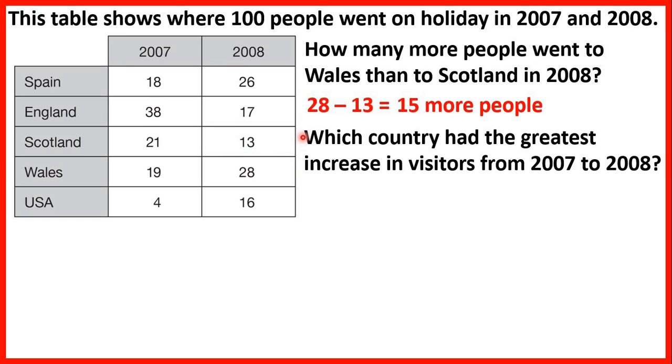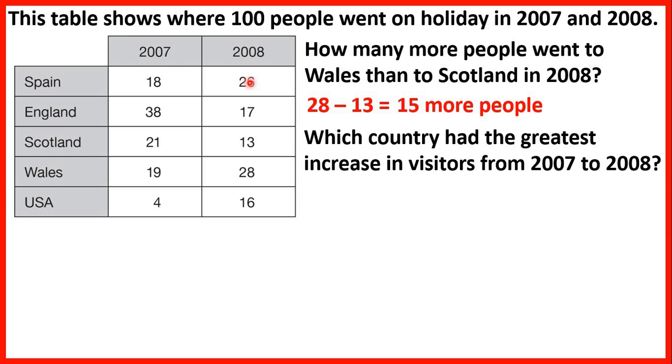Now, which country had the greatest increase in visitors from 2007 to 2008? So increase means getting bigger or more. So we can see that for Spain, in 2007 there were 18 people, but 2008 had 26 people.